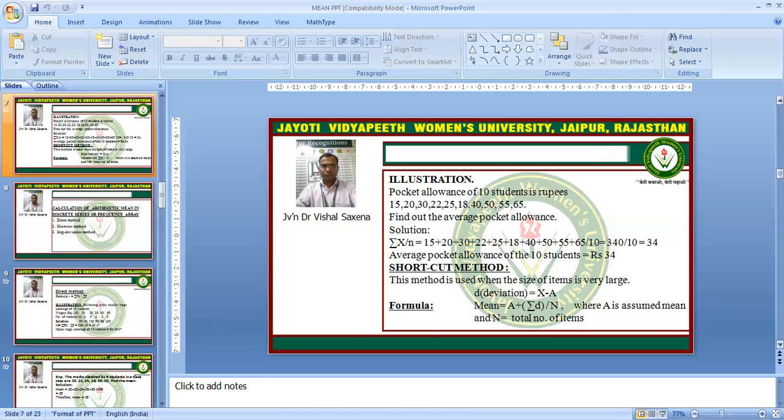formula A plus summation D upon N, where A represents the assumed mean, and assumed mean can be taken as any value from the data we have.